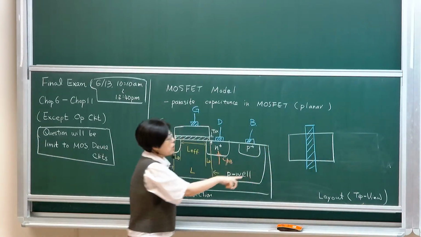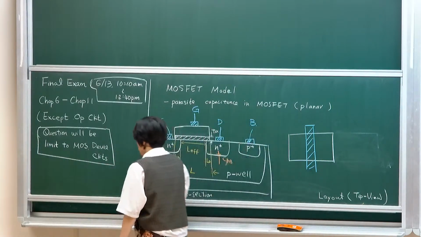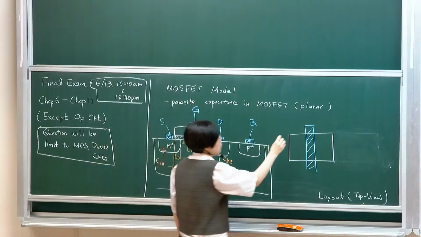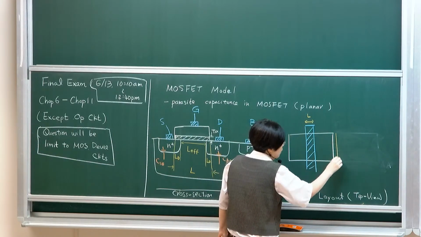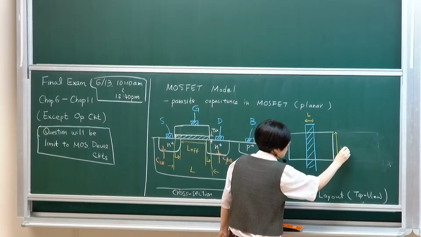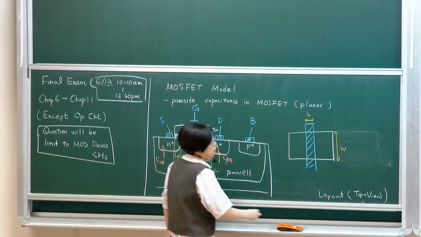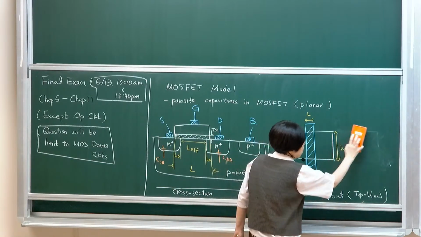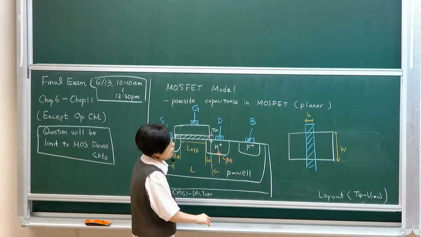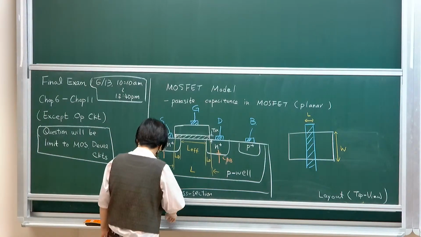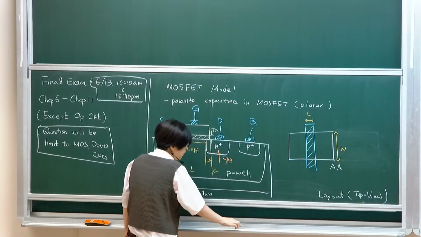So this would then be your gate, and then the dimension here would correspond to L. This would then correspond to W. And then you will have contacts.